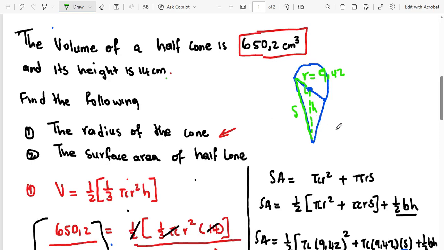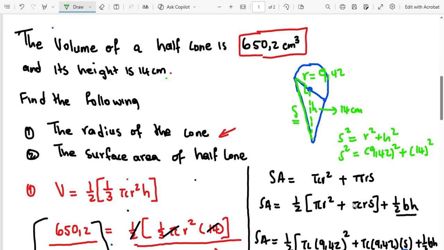The height is 14 centimeters. We have the radius. So by the theorem of Pythagoras, s squared equals r squared plus h squared. So r is 9.42 squared, and we add the h, which was given as 14 squared. Then this will be s squared.